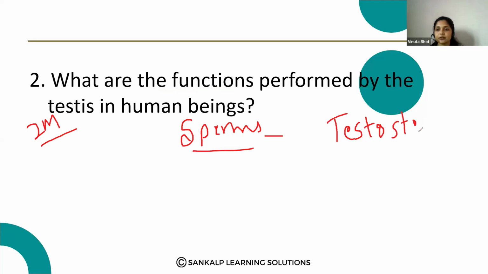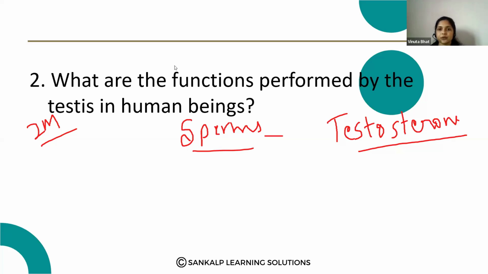What is the function of testosterone? This hormone is related to some characters development during puberty in males, especially the growth of hair on the face and some other characters related to puberty.